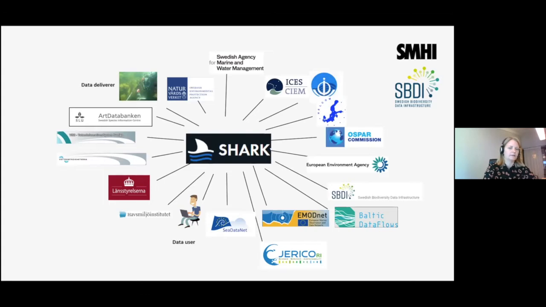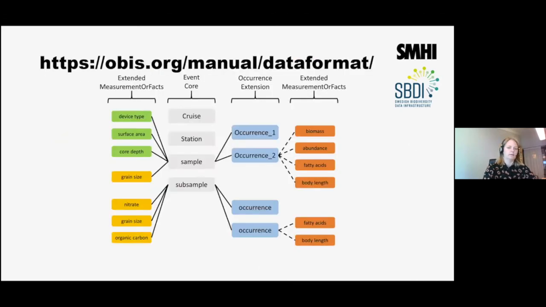And in this context, it starts to get interesting to talk about formats, because standardized formats make it so much easier, both as a data provider and a data receiver. And for biological data, we have had the Darwin Core format for quite a long time, and we have delivered occurrences in Darwin Core for many years, both within the LifeWatch project to the analytic portal and to the EU project eMonet Biology.